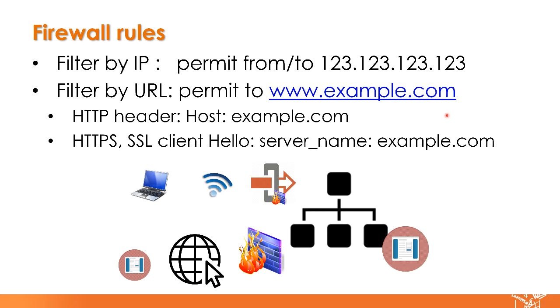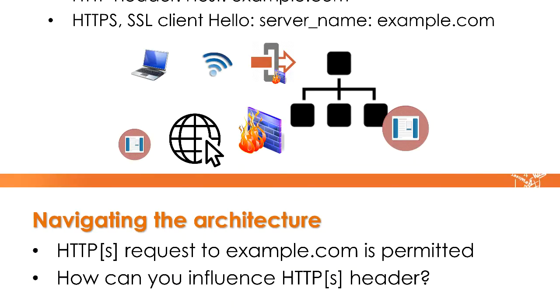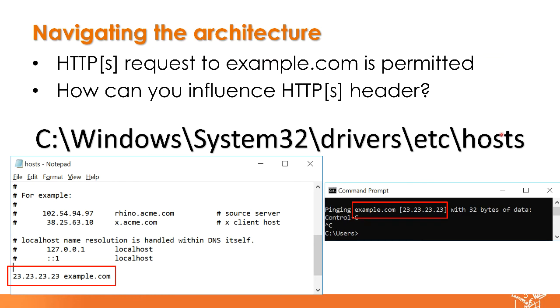So let's use that theory and see how we can navigate around it to get us to maybe some other things. And some of you might already know where I'm going with this, and that is a very easy way to manipulate that host field in the HTTP GET and HTTPS GET by what is essentially a static DNS entry on your computer in your hosts file.